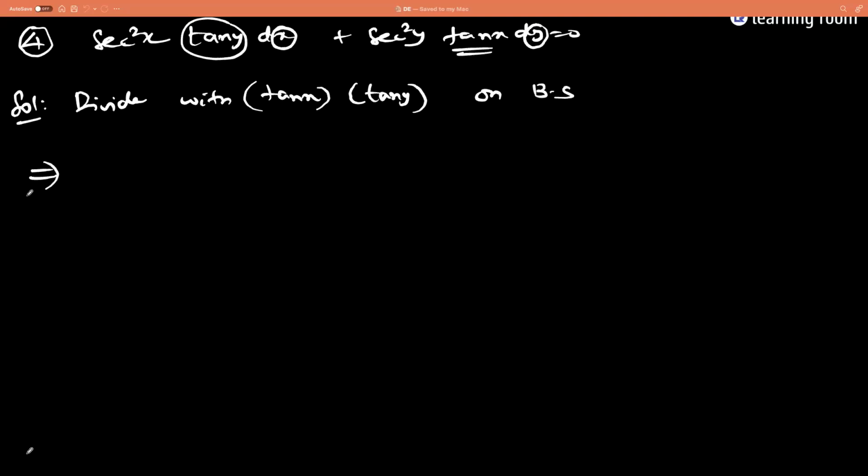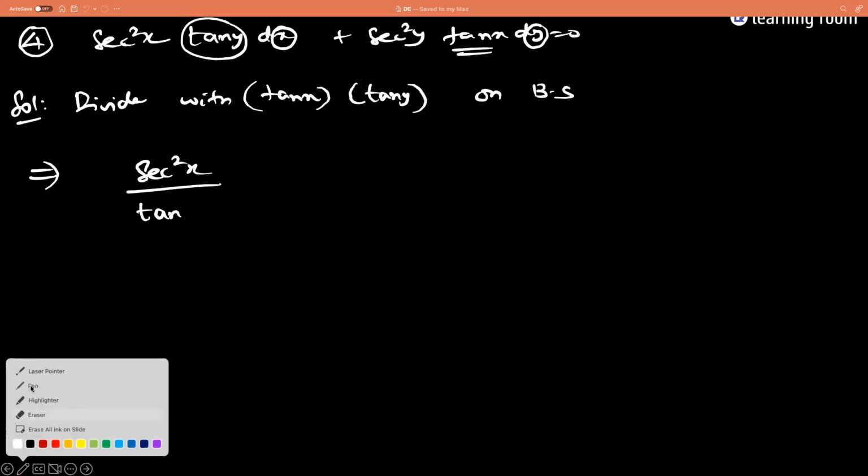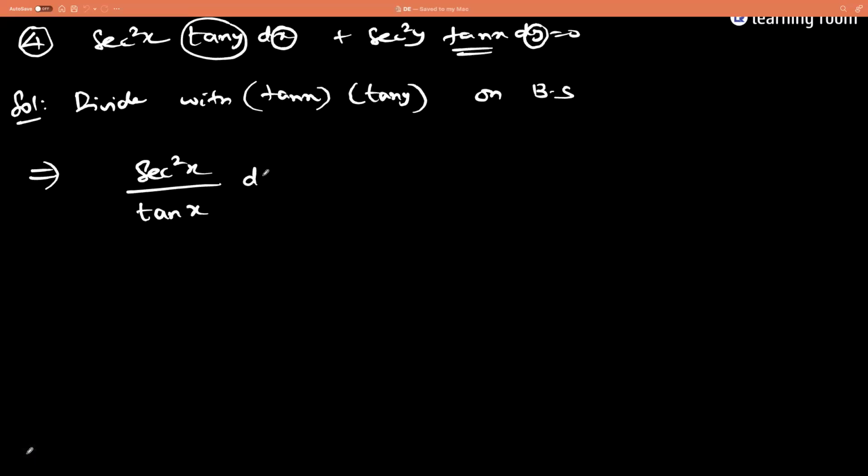So when we do this, we get secant square x divided by tan x dx plus secant square y divided by tan y dy is equal to 0.